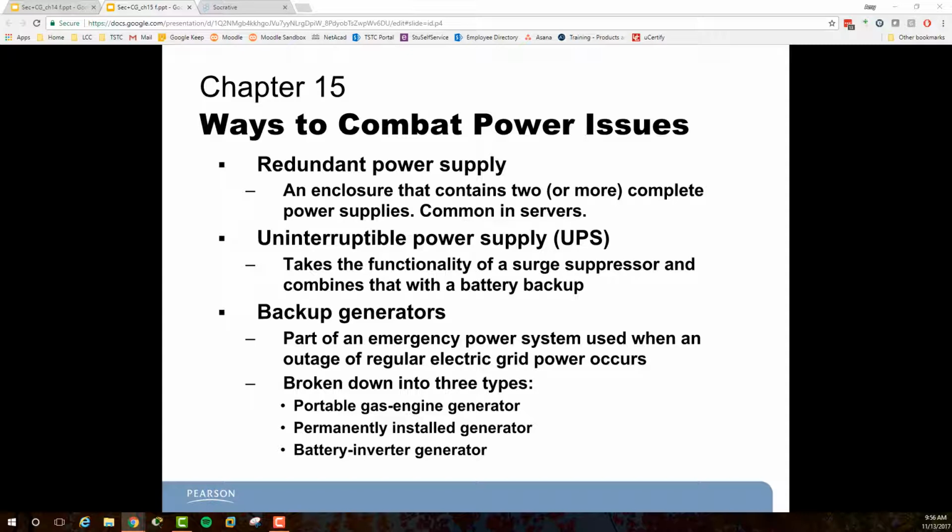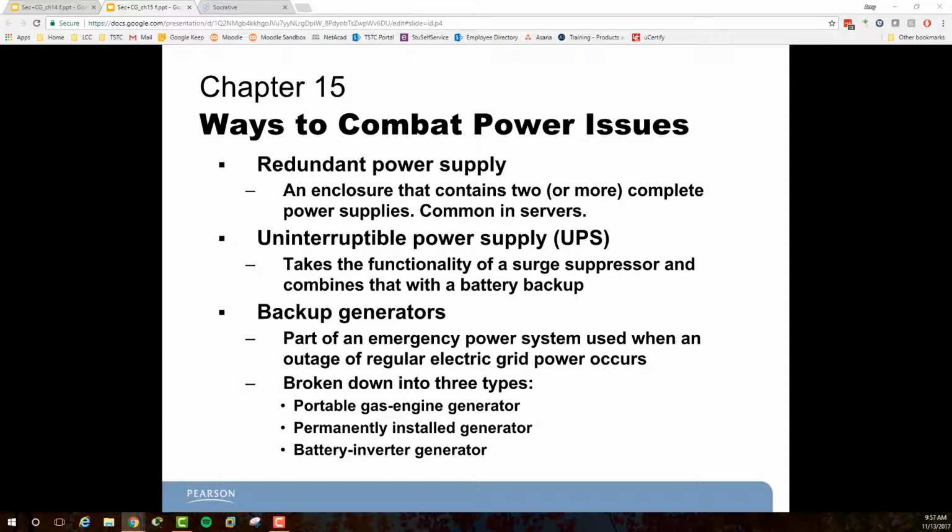But it can only supply power for a limited amount of time, and that may even be 10 minutes, especially on a server that's requiring a lot of power. So a UPS is going to act as that battery backup, and depending on how it's configured, it may let us shut down the computer properly to make sure that nothing bad happens.